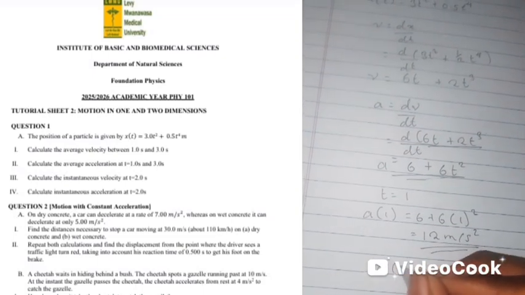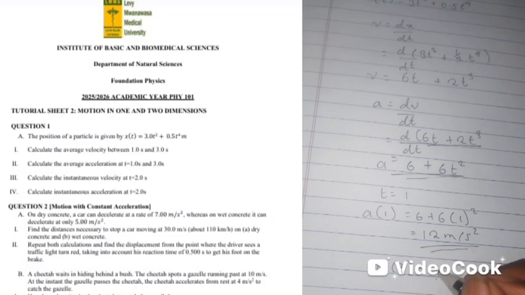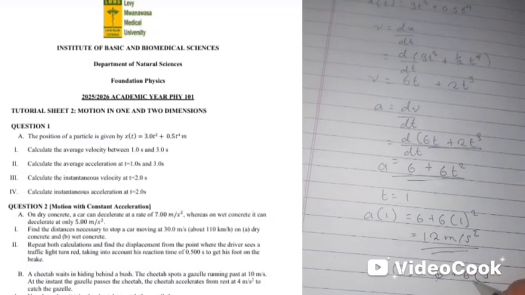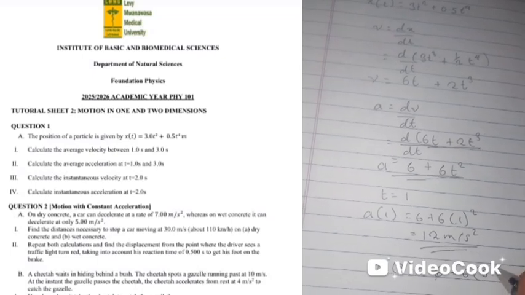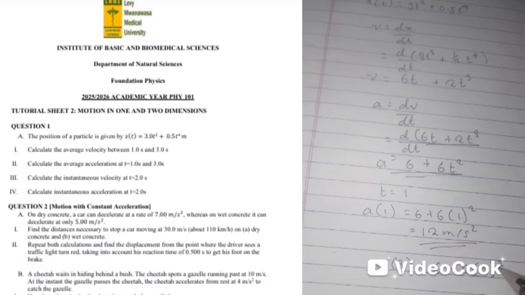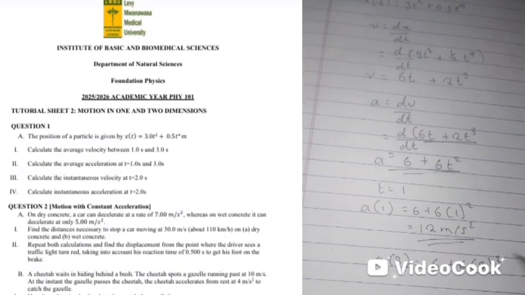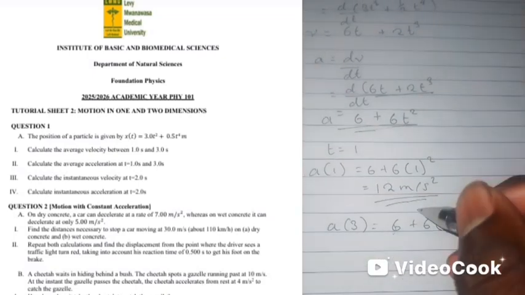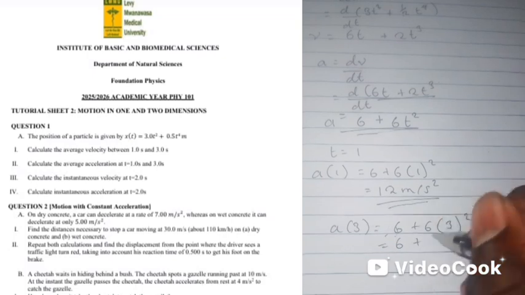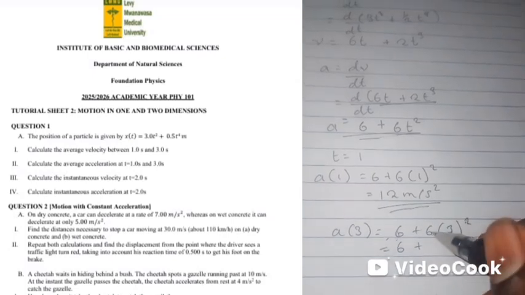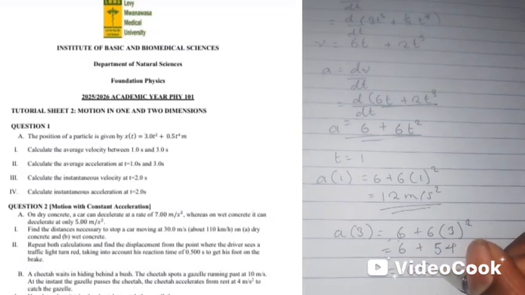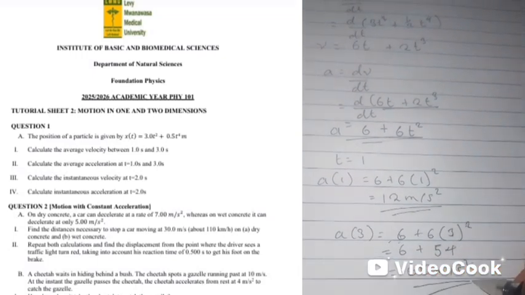Then when the time equaled 3, we're saying 6 plus 6 multiplied by 3 raised to the power of 2. 3 raised to the power of 2 is 9. 9 multiplied by 6 is 54, plus 6, which is 60 meters per second squared.